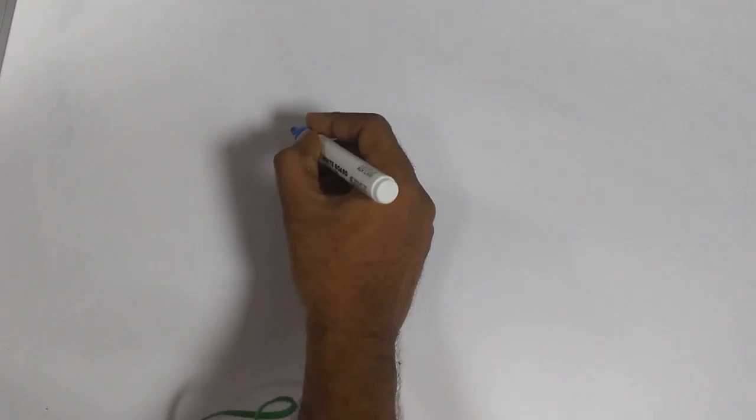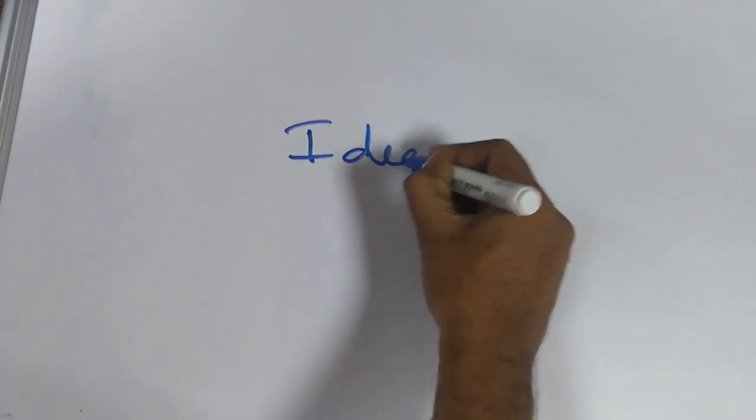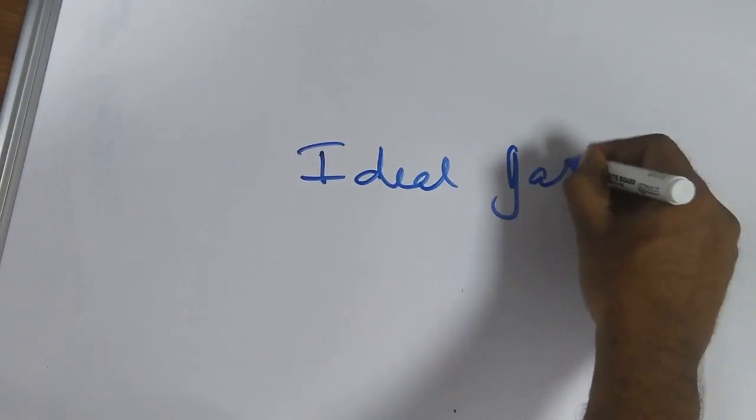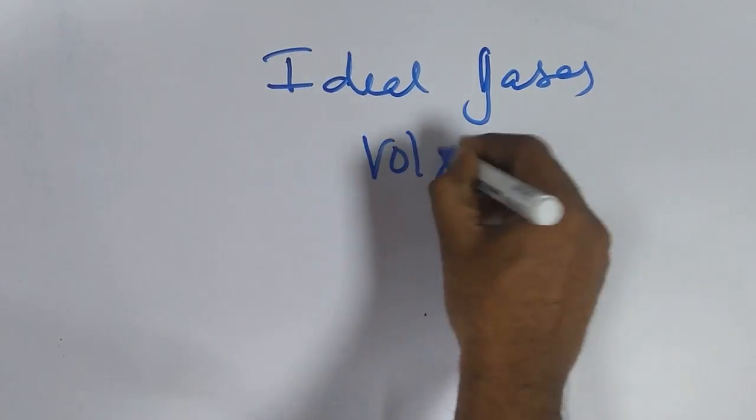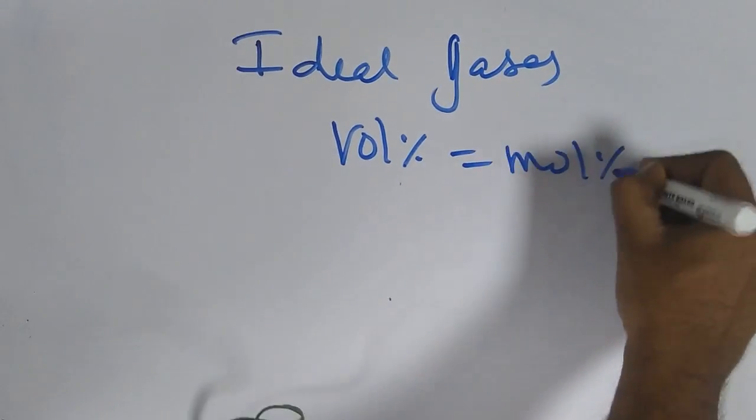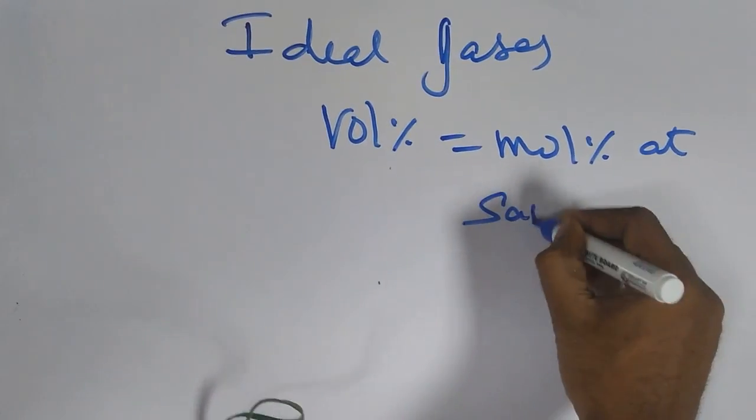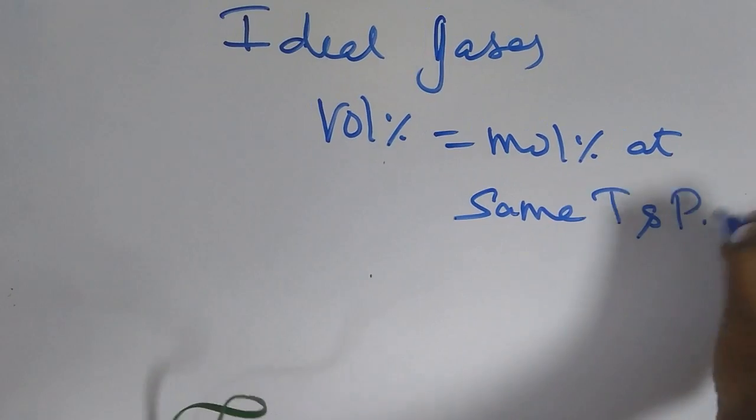So we know that for ideal gases, volume percent equals mole percent at the same temperature and pressure.